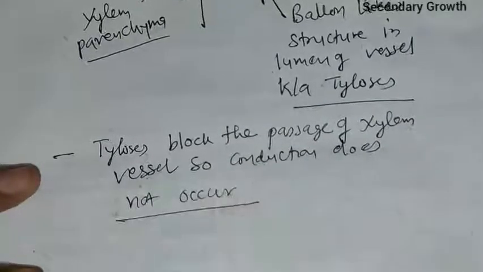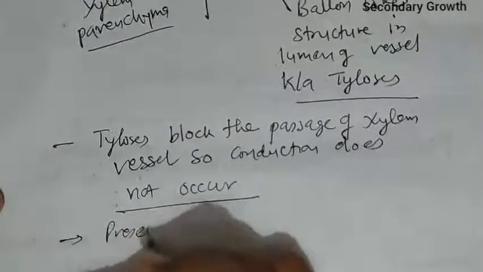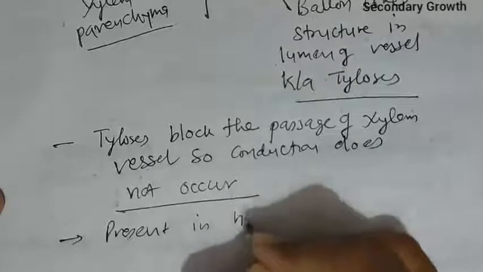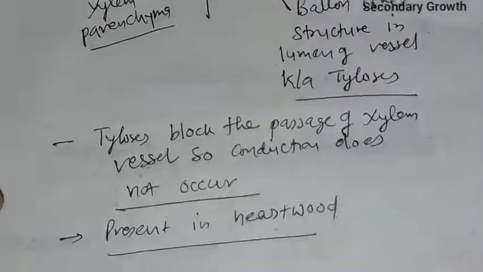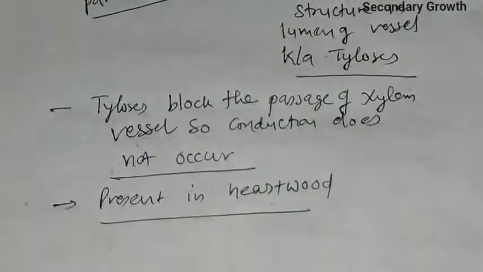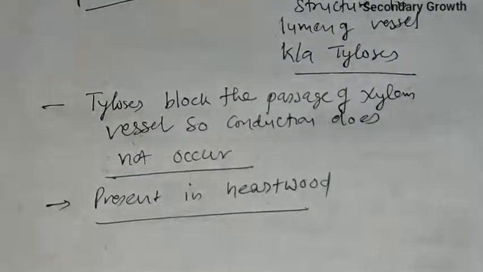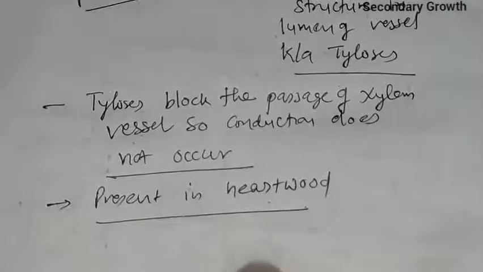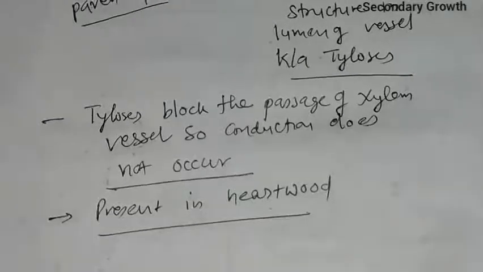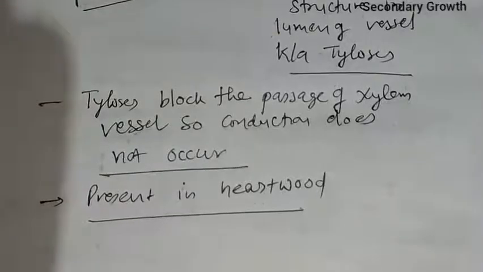And because of this, tylosis is also present in hardwood and makes the hardwood non-functional for conduction. So now we have completed all the types of wood, that is spring wood, autumn wood, heartwood, sapwood, porous wood, non-porous wood, and tylosis also we have completed. Now next we start with the last topic of this chapter, that is bark.